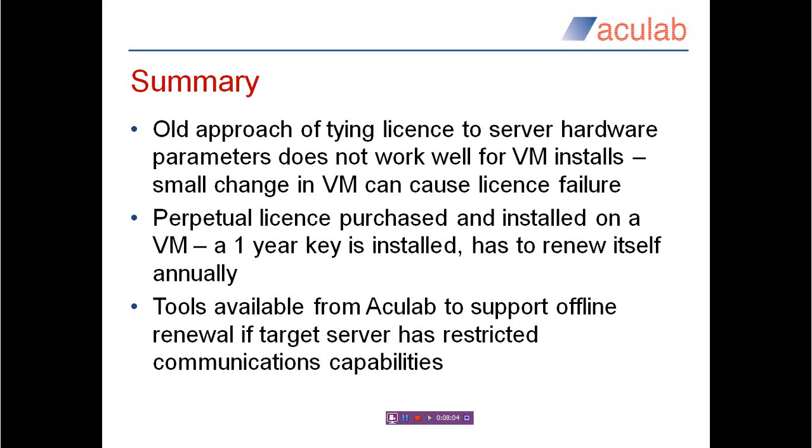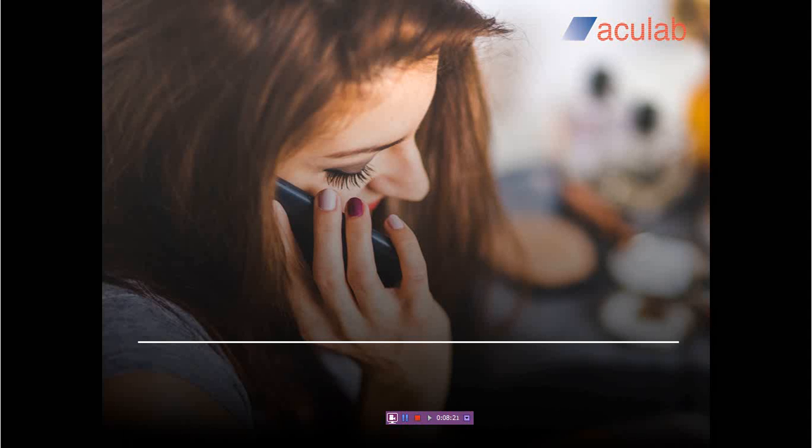But Acculab support are available, and we have tools available to help you with these renewals in various different ways, if your server has restricted communications capabilities. Okay, thank you very much.